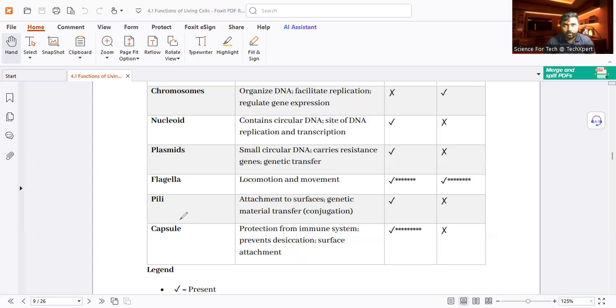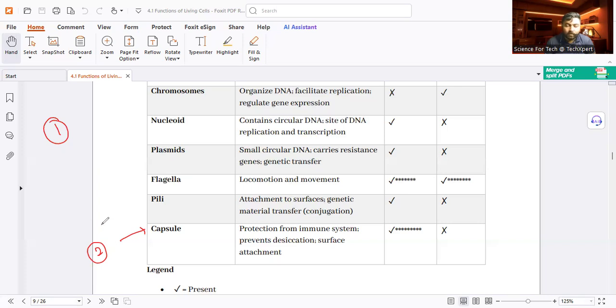As I can remember in this year model paper, very first MCQ, they have given: choose the organelle which is not visible in eukaryotic cell. The second answer was capsule.